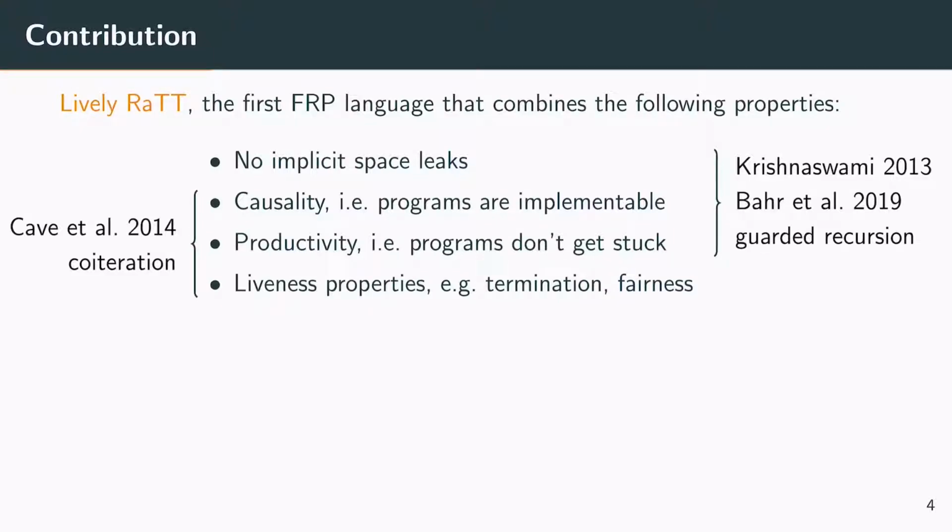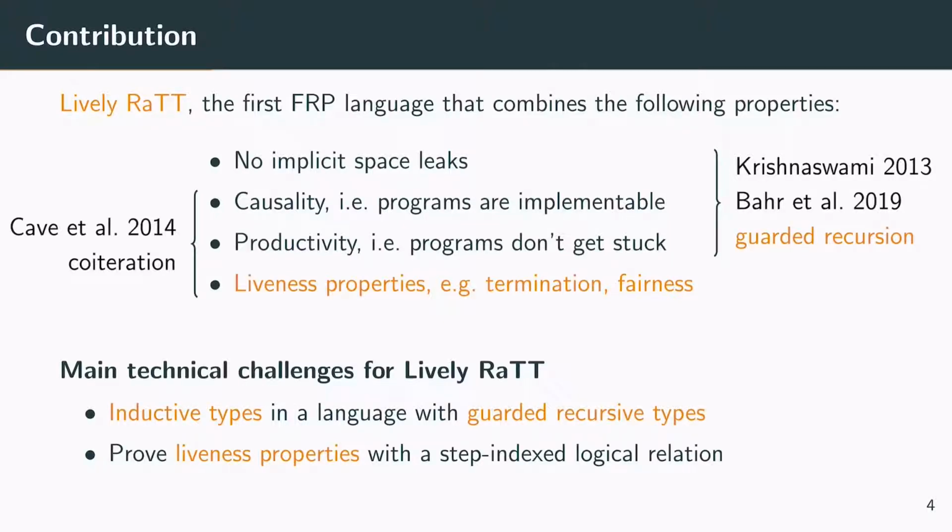So the main contribution of this work is extending this previous line of work based on guarded recursion with the ability to express liveness properties. And so the main technical challenge that we faced in this endeavor was how to integrate inductive types with guarded recursive types, which has been an open problem so far.